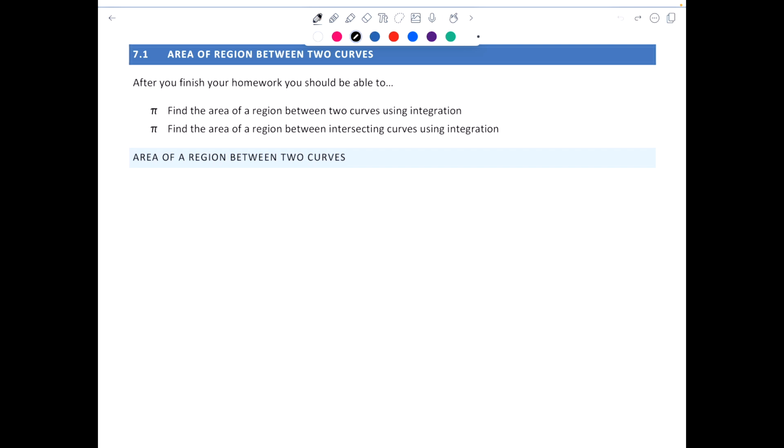All right, so it's always good to have sort of a basic picture. So if we take a look at just some random area region, and think about what is going on with it. And then we'll just draw a couple of functions. Doesn't really even matter what they look like.